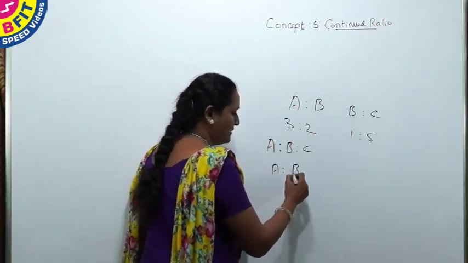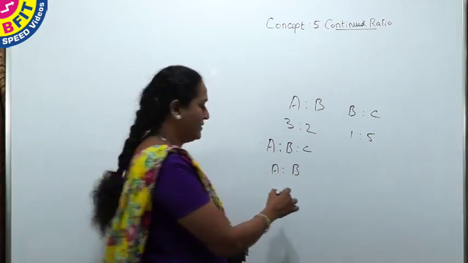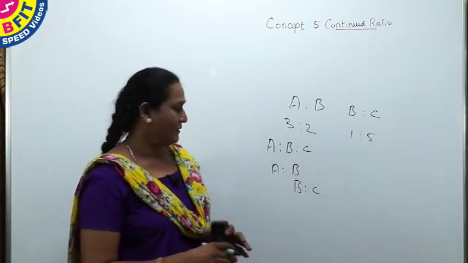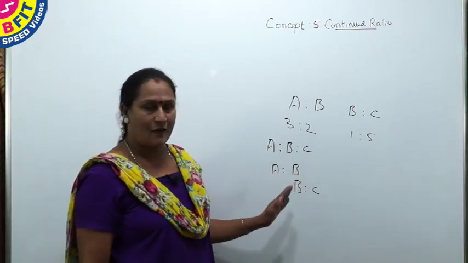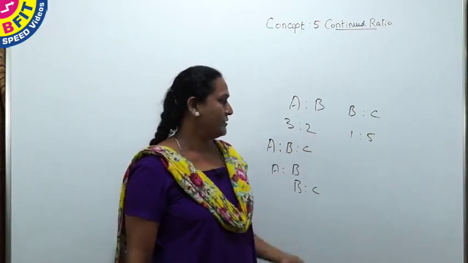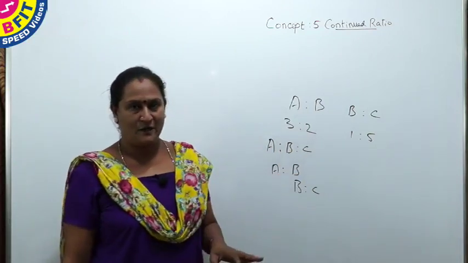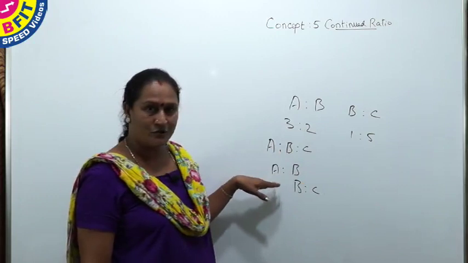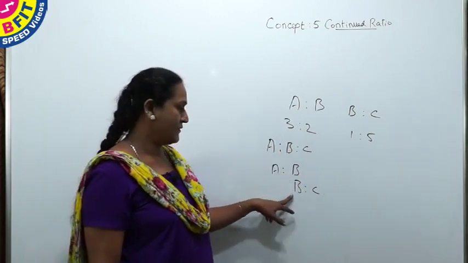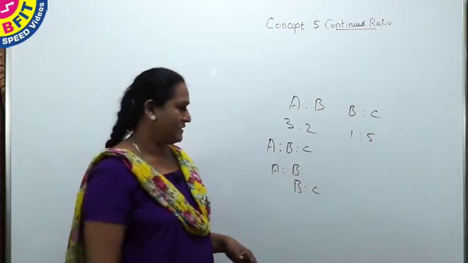To combine this, one ratio ends with B, the other starts with B. So here this B part overlaps, so you write one below the other. Now to combine these two ratios, no need to find LCM and all. Just write the ratios in the same pattern, that is, one ends with B, the other starts with B, this part overlaps.